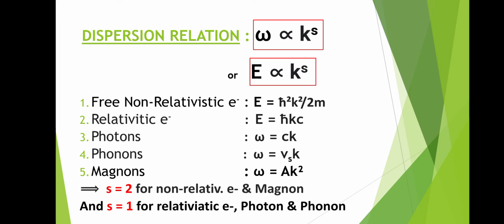So clearly you can see that s equals 2 for non-relativistic electron and magnon, and s equals 1 for relativistic electron, photon and phonon.